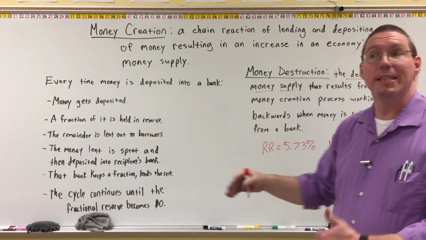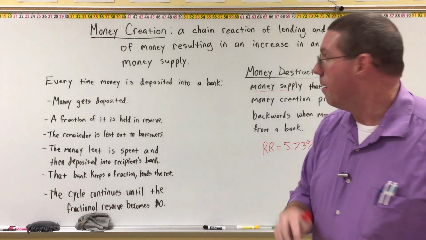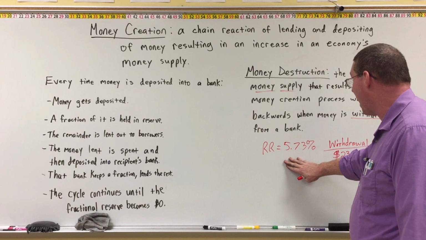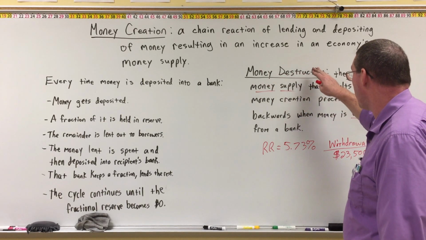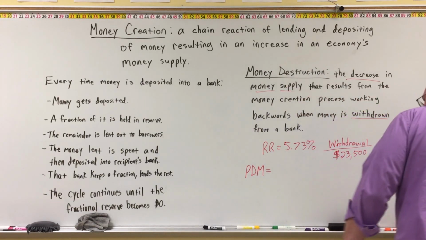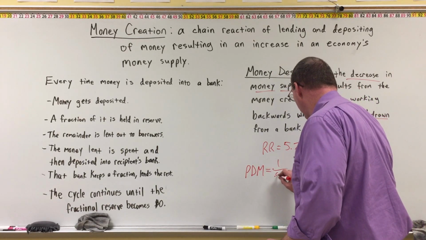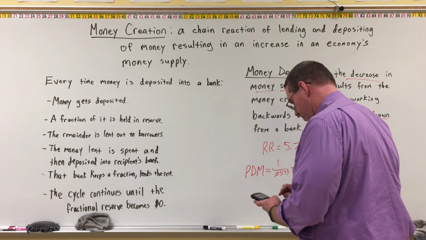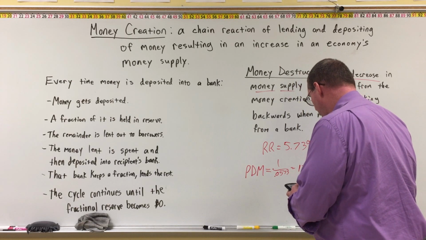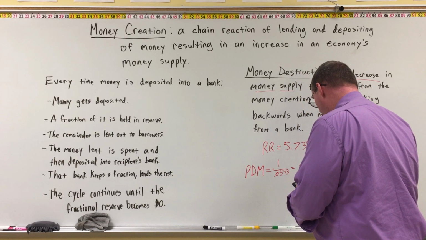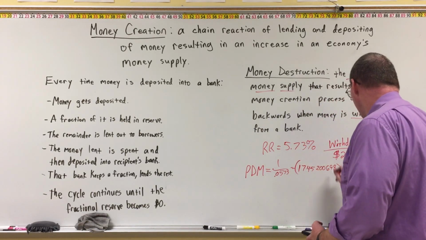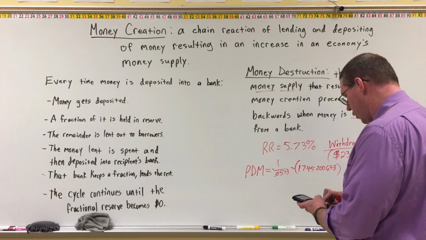So now there will be less money in the economy because there's a withdrawal in the fractional reserve banking system, triggering money destruction. Okay, and so we're going to need the potential deposit multiplier, which is going to be 1 divided by 0.0573, which is going to be 17.45200698, and we're going to multiply that number times 23,500.